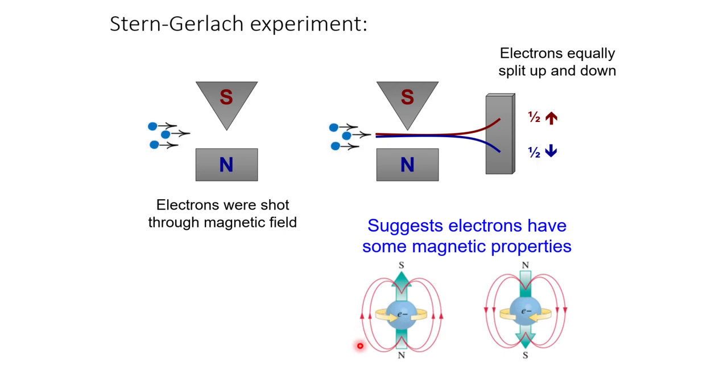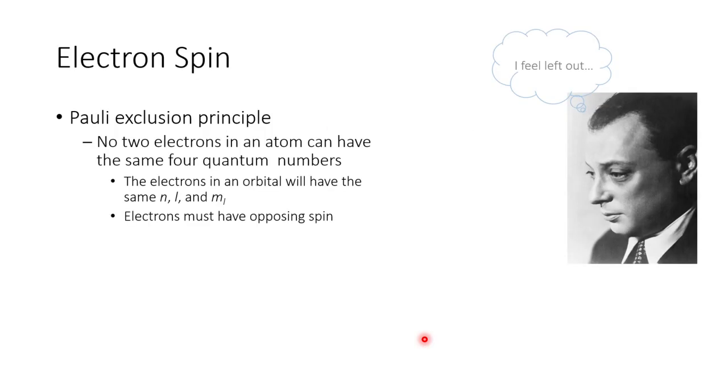Okay, so when we talk about spin, we're talking about whether the angular momentum of the electron is in alignment with the magnetic field or not. And so it's not like a top spinning around. So electron spin becomes really, really important when figuring out quantum numbers. Pauli stated his principle: no 2 electrons in an atom can have the same 4 quantum numbers.